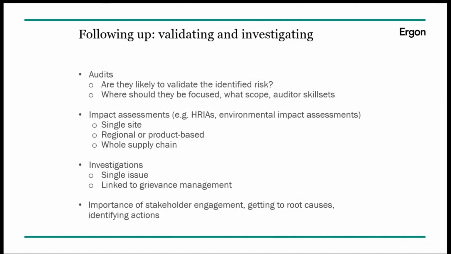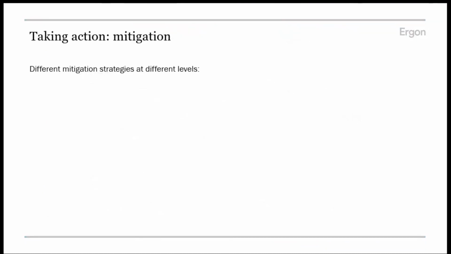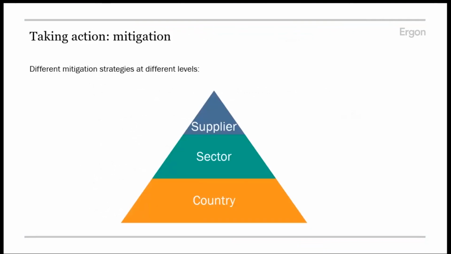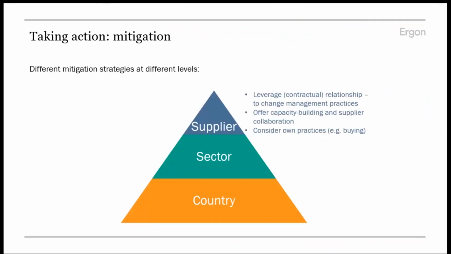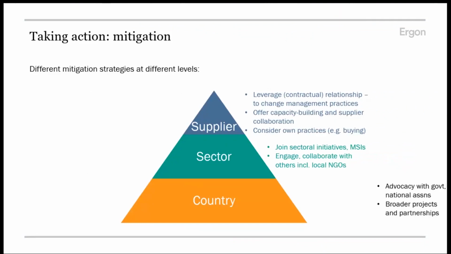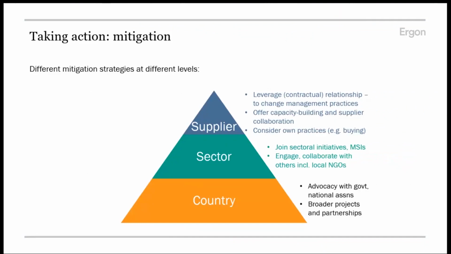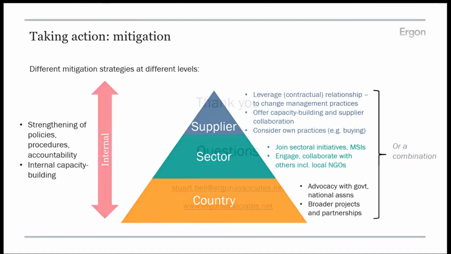Now, the traditional way of checking, of following up, is through audits, but we really do need to ask ourselves, are they the best way of validating many risks? Audits are very good at identifying physical problems, documentation problems, etc., as we all know.